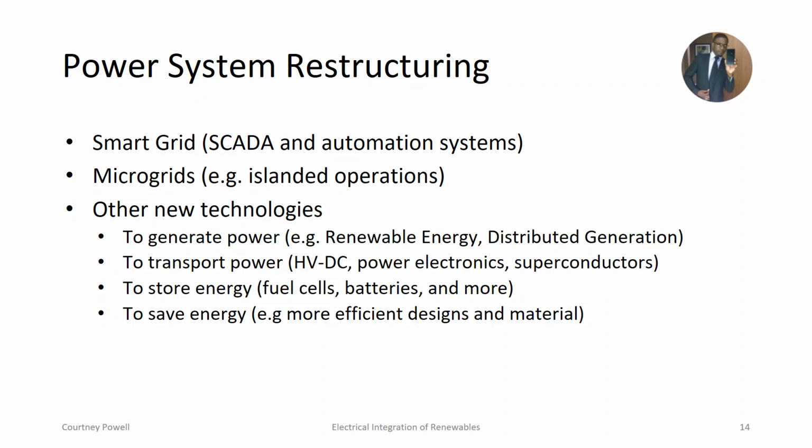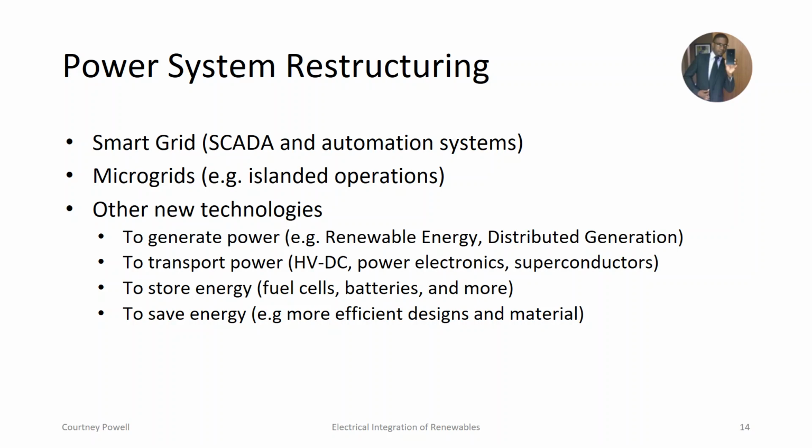We also see the emergence of microgrids, for example for islanded applications or operations, and other new technologies to generate power, such as renewables, and in particular distributed renewables and other types of distributed generation.